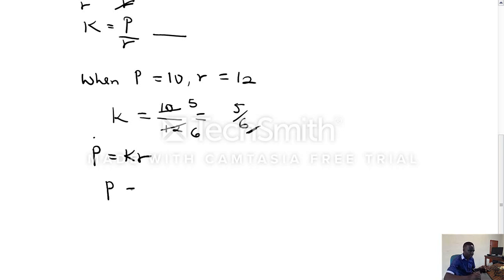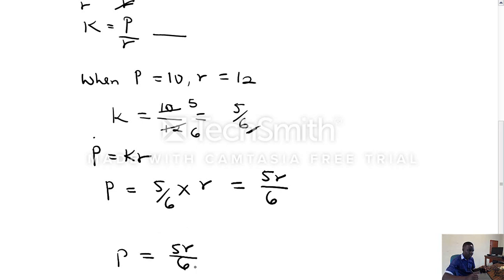Therefore p is equal to 5 over 6 times r, which is equal to 5r over 6, such that p is equal to 5r over 6 as the relationship.